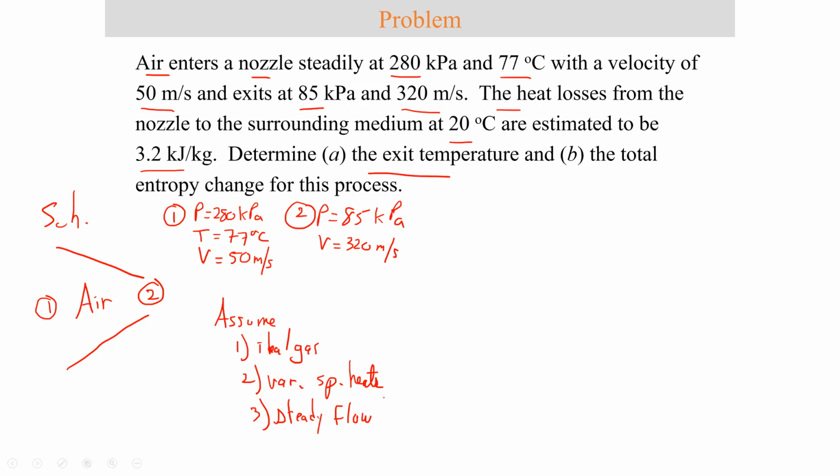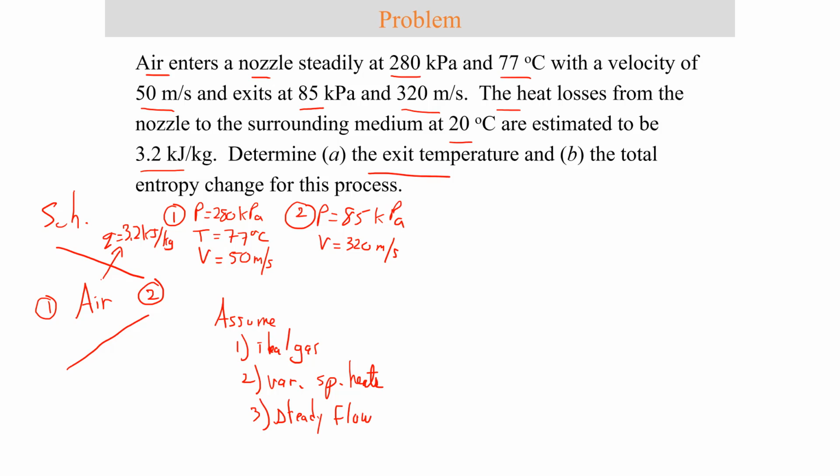So what we're asked to find is the exit temperature and the total entropy change for the process. Now, it's telling us too that there's heat loss to the surroundings at 3.2 kilojoules per kilogram. So, first step would be to do a first law analysis.